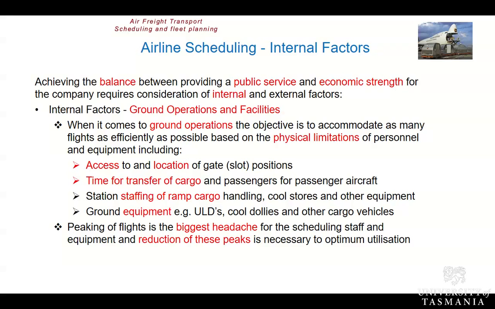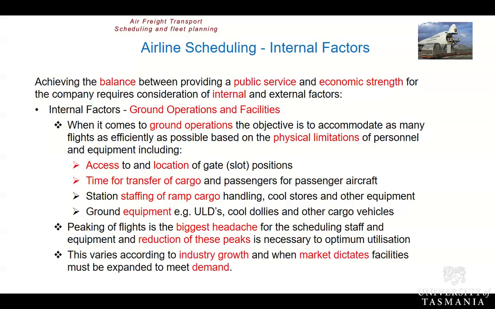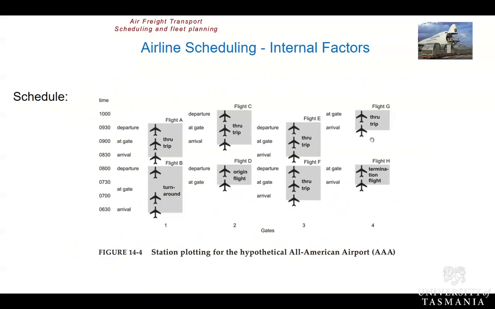So they're going to be the most challenging times for the airline scheduling department itself. And of course, industry growth patterns and market facilities is also going to have an impact on that and what the demand is at that particular time.